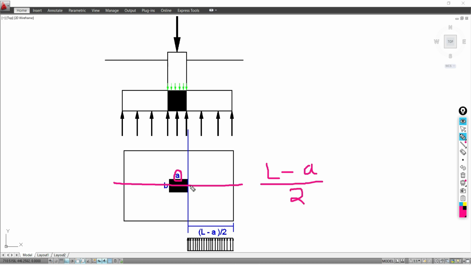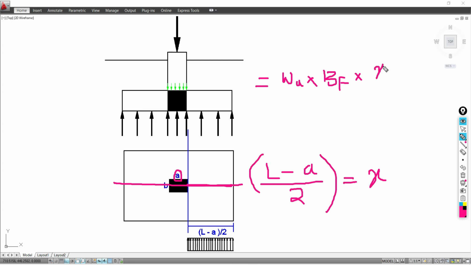So you are getting this cantilever portion, this projected part. If you put this value in your formula, upward soil pressure multiplied by the width of your footing multiplied by this value, suppose you are getting it as x, x square divided by 2. So you will get the moment along the length of the footing.